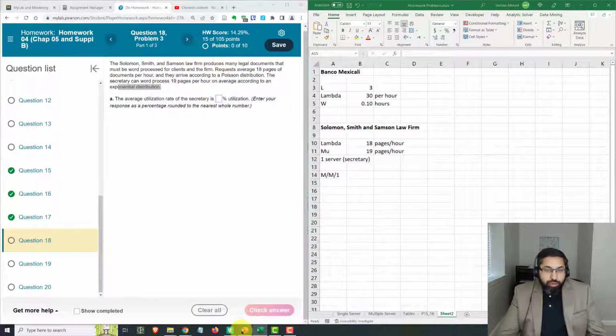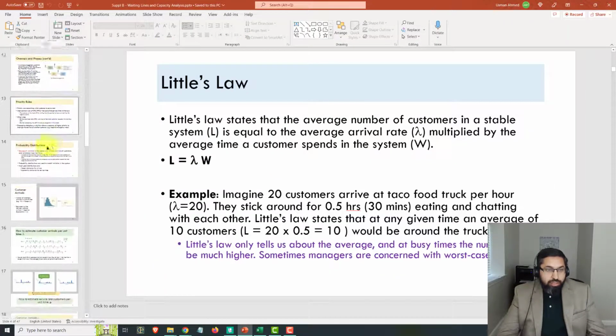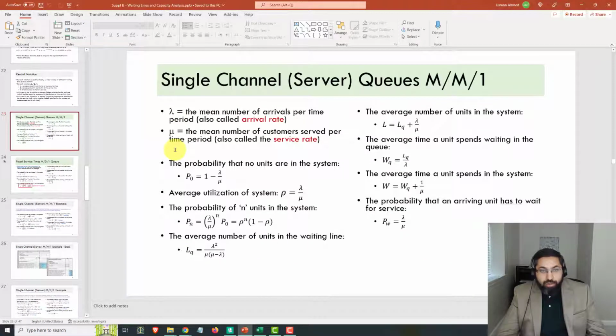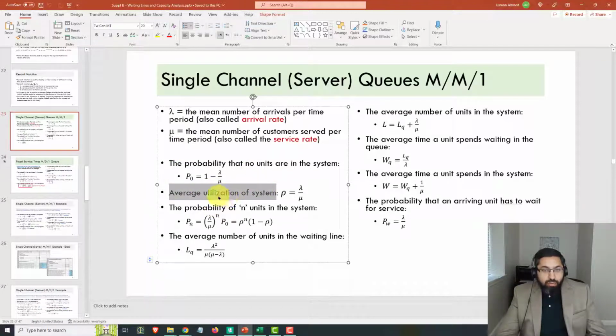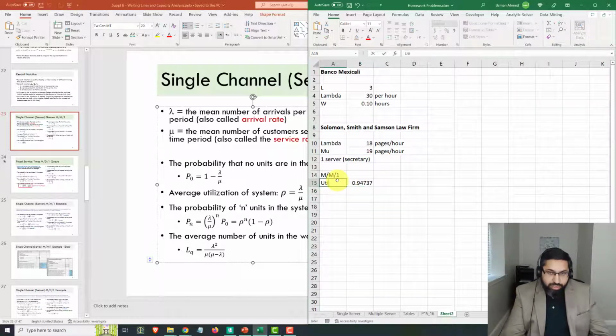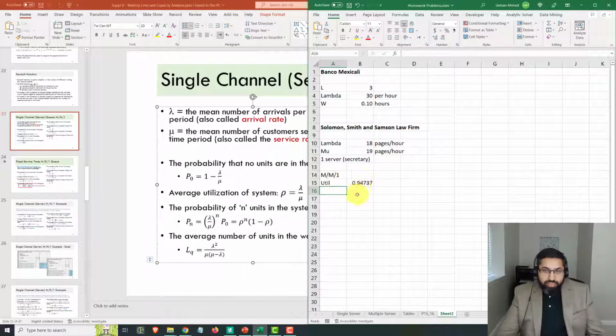Okay, so we can go to the slides, the slide which has the formulas for an M/M/1 system right here, and we can see that the average utilization of the system, rho, is given by lambda over mu. So if we do lambda divided by mu, okay, we get our utilization to be 0.947.